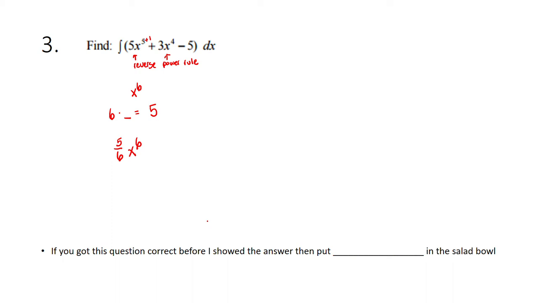That's my first term. Do the same thing here, x to the 5th. So 5 times what equals 3, and that is 3/5. Here's my second integral term. And then I have, since it doesn't have a variable, I need to put an x with it. Now notice this is indefinite, so to finish this answer, I need to put plus c.